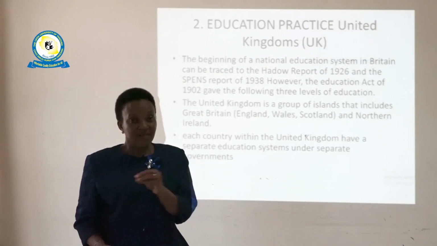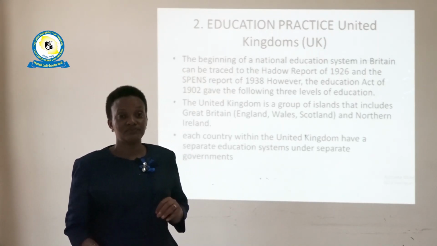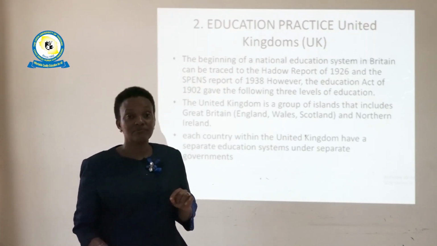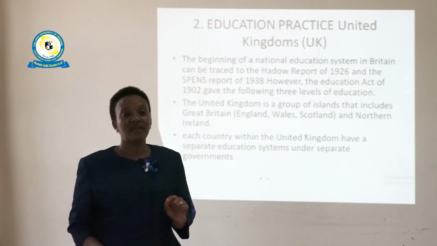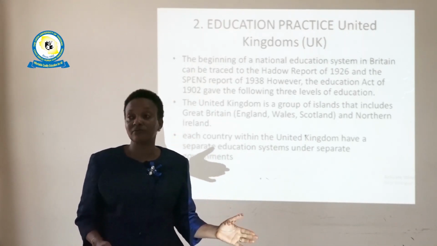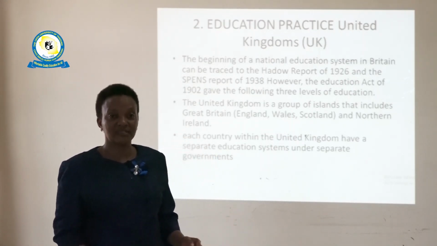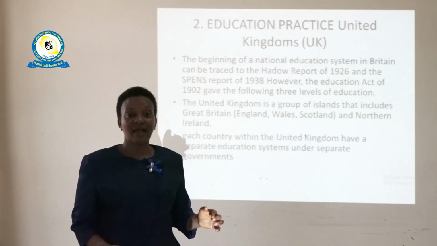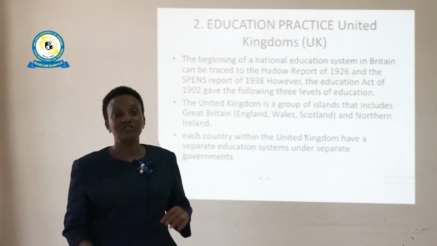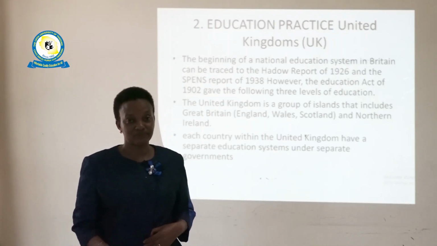So, one can say that there is no education in the United Kingdom without speaking of its development or its origin from the Hadow Report of 1926 and the Spens Report of 1938, and also the Education Act of 1902, which gave the following levels of education.